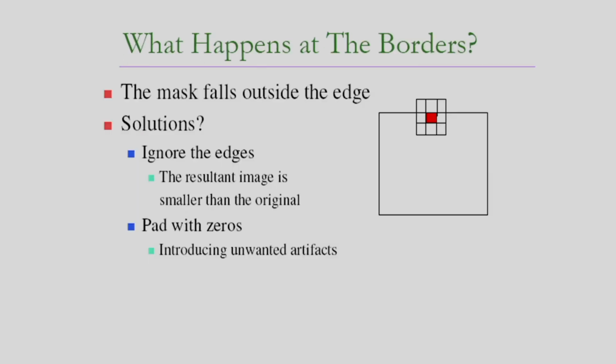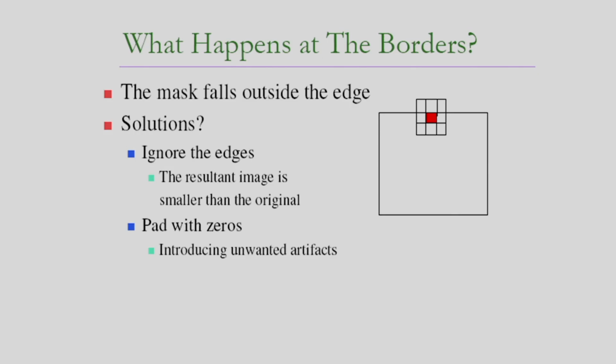And one thing is that the mask may fall outside the edge. Then in this case you can either ignore the boundary pixels, or otherwise I can do zero padding in the boundary pixels, so that I can put the mask on the boundary pixels.